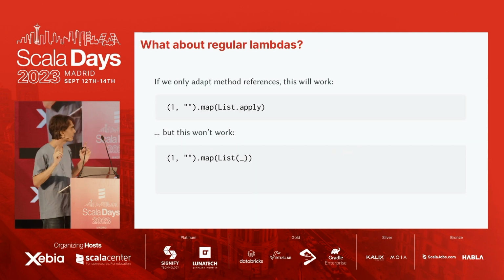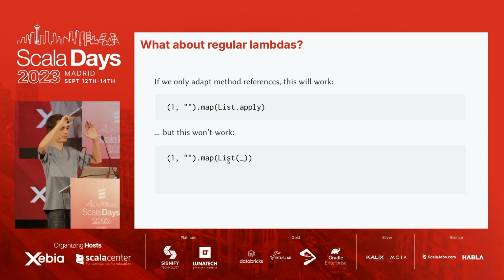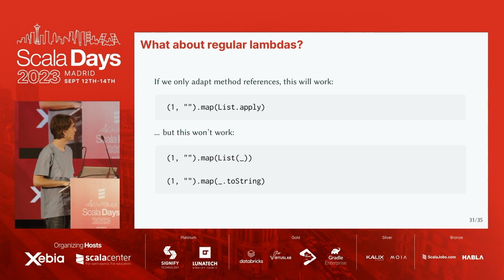Just with an example of why this isn't satisfying enough: we can do map of List.apply because apply is a polymorphic method, but we can't do map of List underscore, which is the same as map x goes to List of x, because that's a lambda, that's not a method reference. It's just a monomorphic method reference where a polymorphic one is expected. In the same way, we can't do map of underscore.toString either.